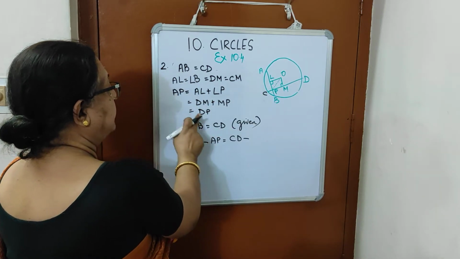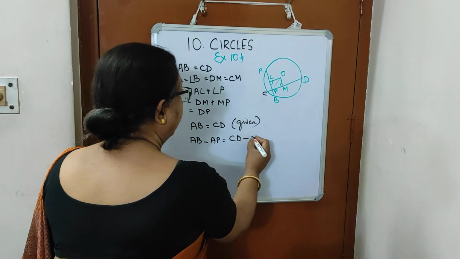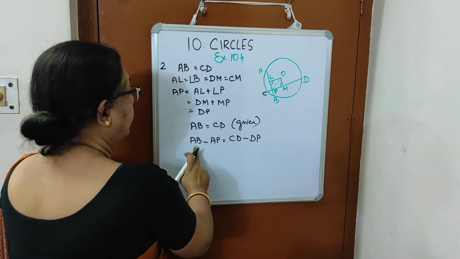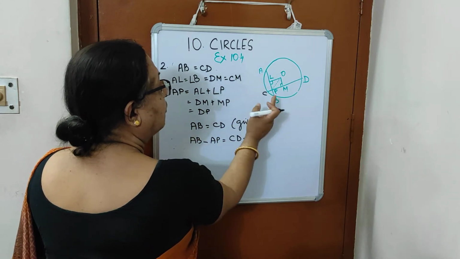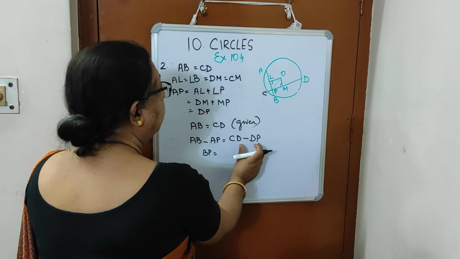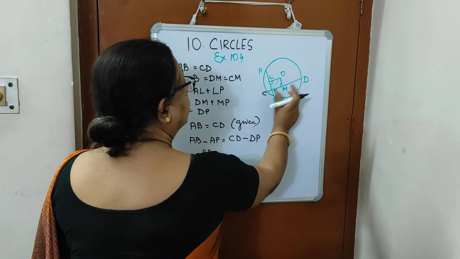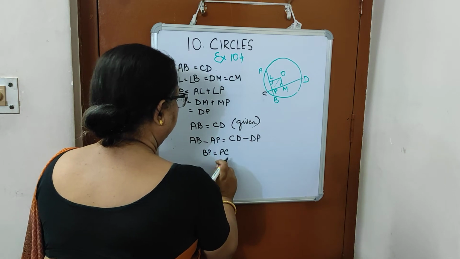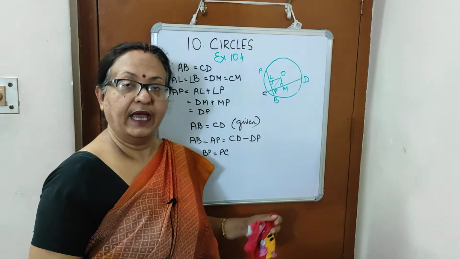We have proved AP is equal to DP, so we are subtracting the same thing. Now what is AB minus AP? From this AB you are subtracting AP. What's left? BP. CD minus DP. So what's left? This part, PC. Okay. So this is the second part of the segment that you had to prove.